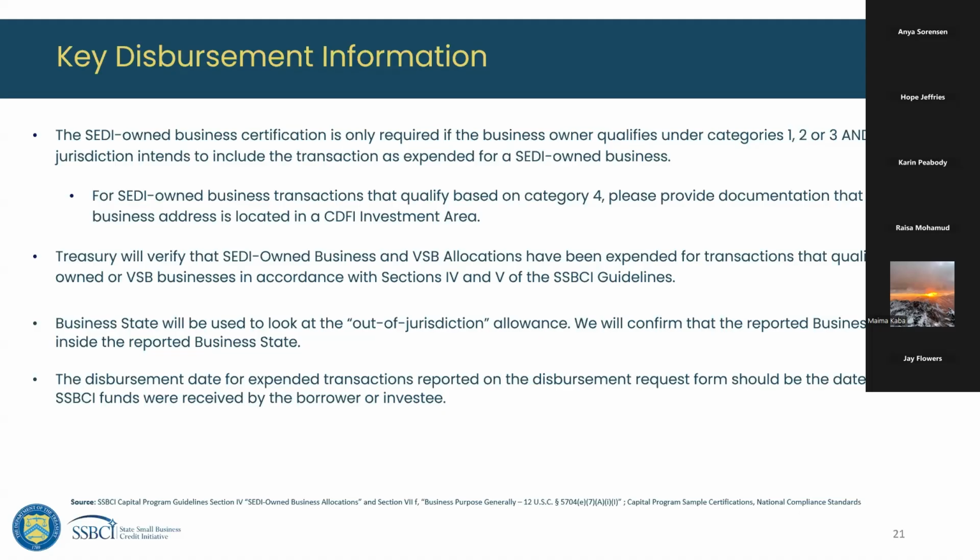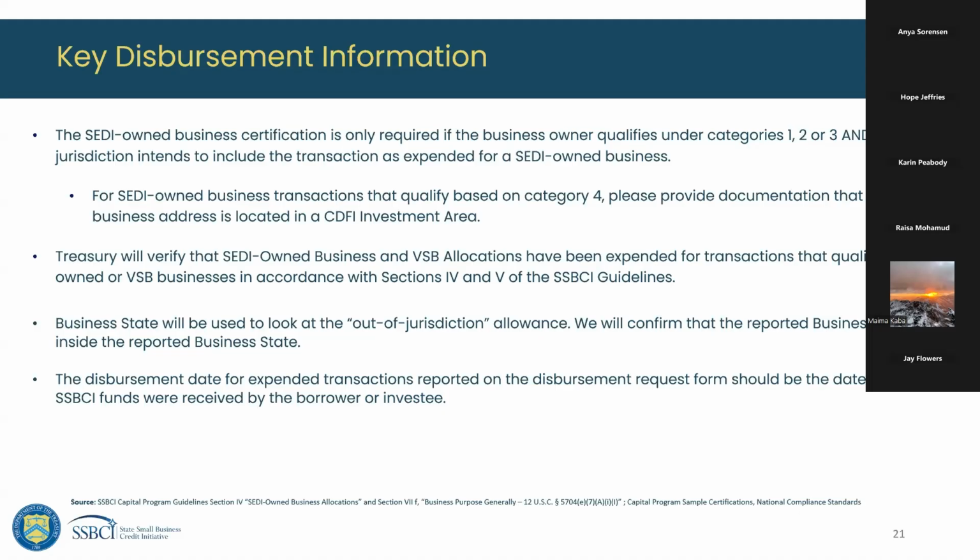At Treasury, what we do is we verify that SEDI-owned businesses and VSB allocation have been expended for transactions that qualify as SEDI-owned or VSB, and we encourage you to look in sections 4 and 5 of the SSBCI guidance for more information about that. I think Hope and Raisa have spoken about this, but on the DRF, we look at the state and the zip code.